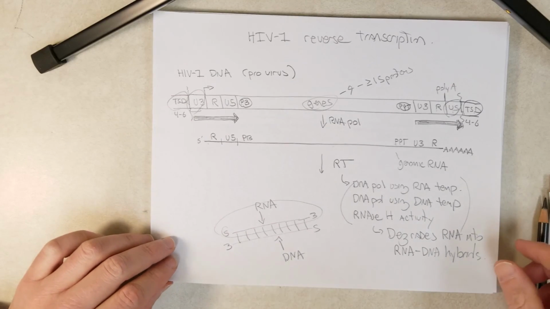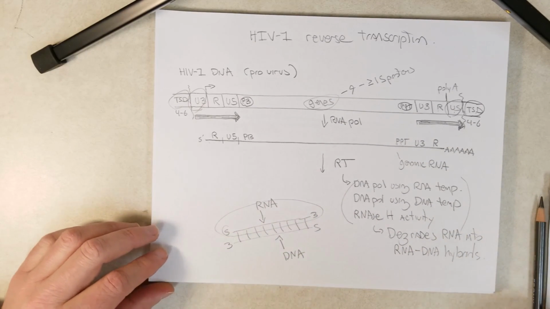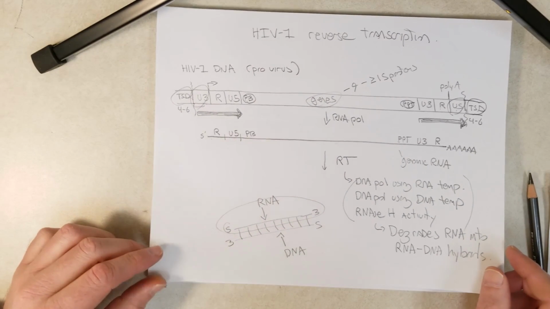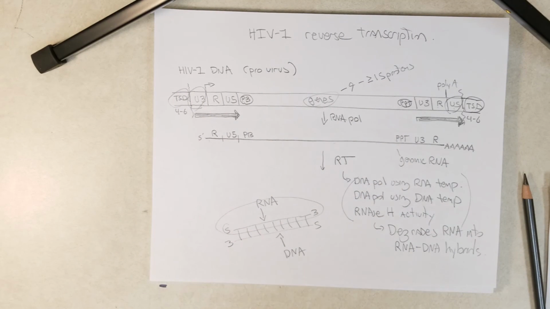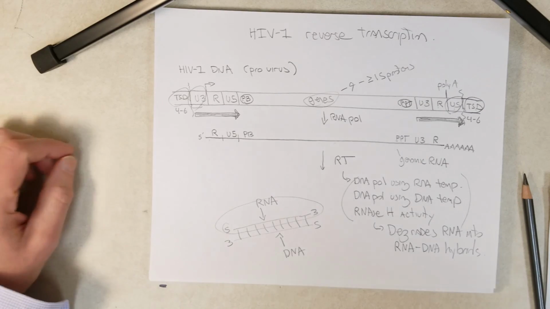Okay, I hope you understood that video or overview of HIV-1 reverse transcription, and we'll see you in the next video when I talk about integration of the reverse transcribed HIV-1 into the genome.